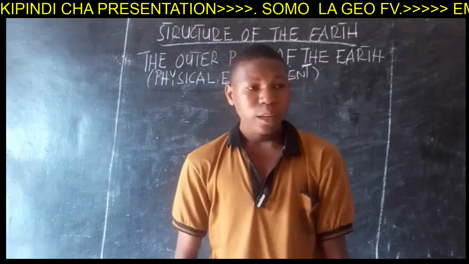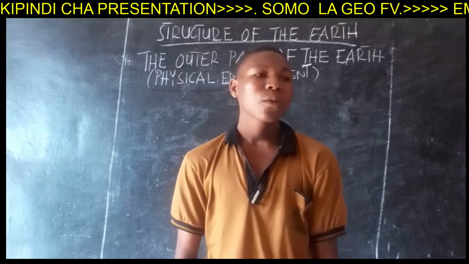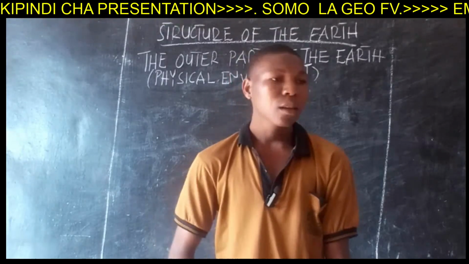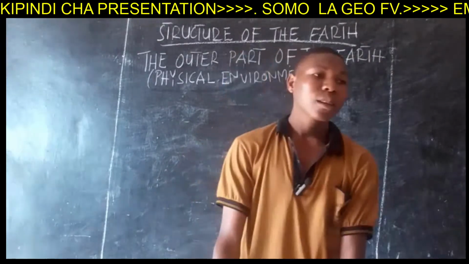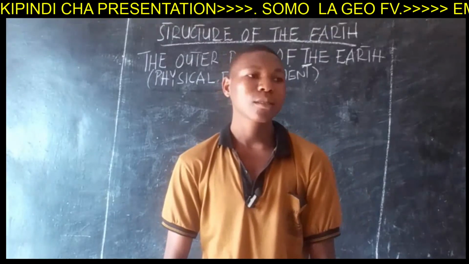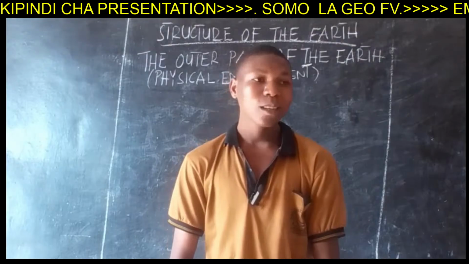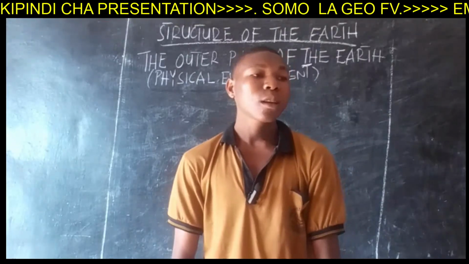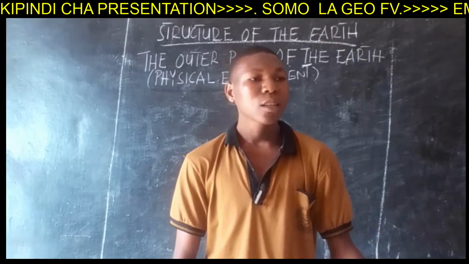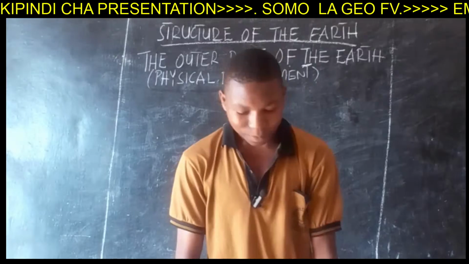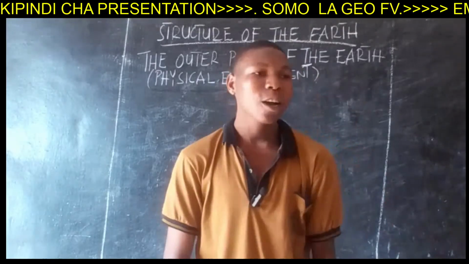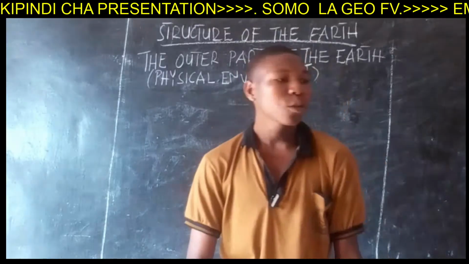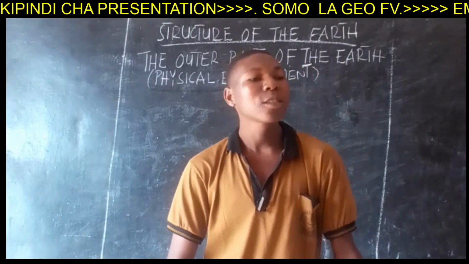The homosphere is divided into three groups: troposphere, stratosphere, and mesosphere. Organisms live in the troposphere and the stratosphere, and no organisms live in the mesosphere because it is very hot. Okay.